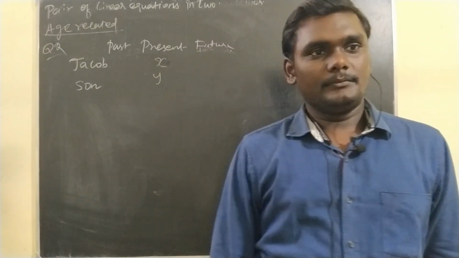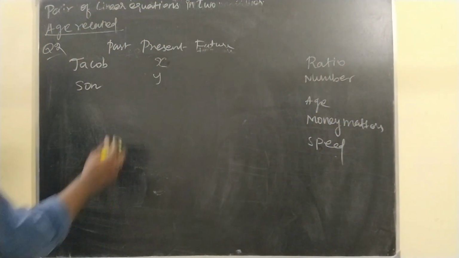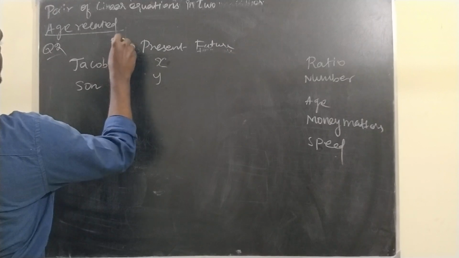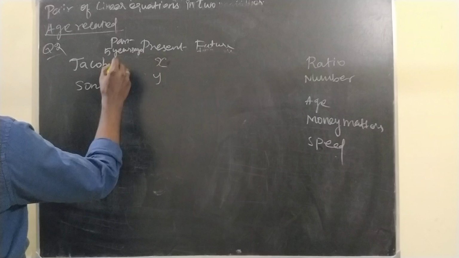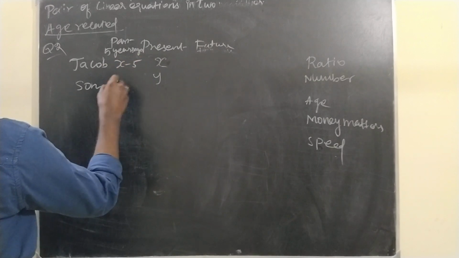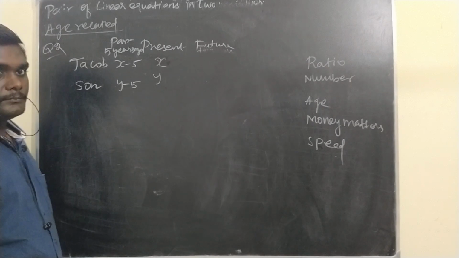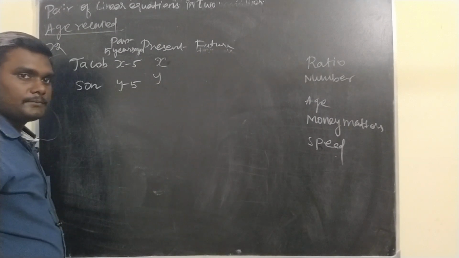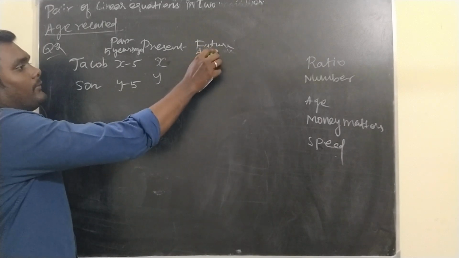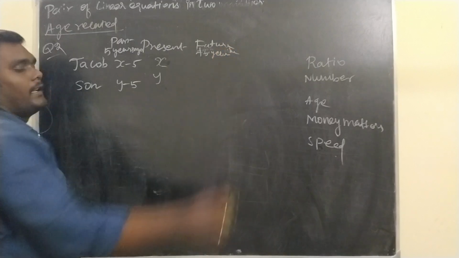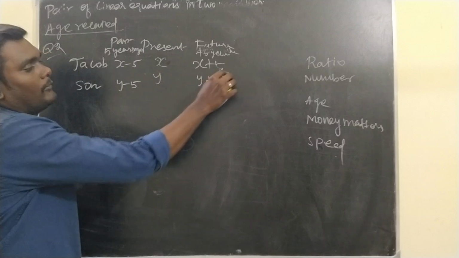What time periods did they discuss? 5 years ago: their ages are x minus 5, y minus 5. And the future, 5 years hence, so plus 5: x plus 5, y plus 5.